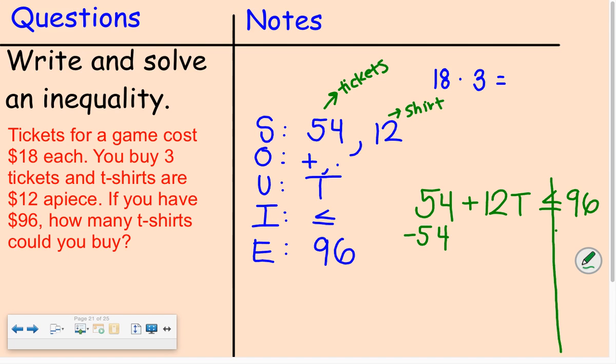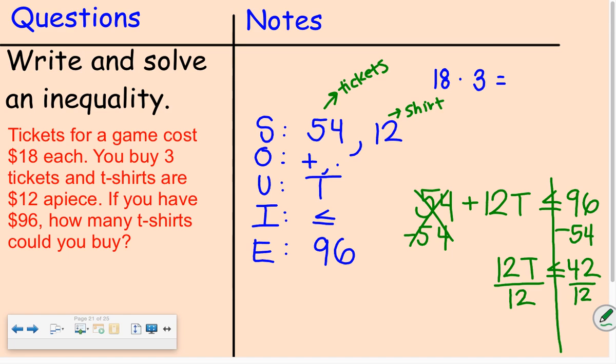So subtract 54 on both sides. So 12t is less than or equal to 42. And then 42 divided by 12 is 3.5.